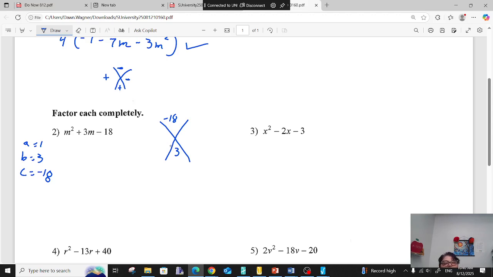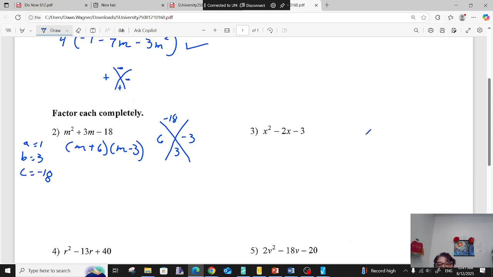So, what two numbers can I multiply together to get -18, but when I add them together, I get 3? It'd be 6 and -3. So one has to be positive, one has to be negative. Remember, this bottom number here has to match the sign of the bigger number. So all you would do then is put m plus 6 and m minus 3, right?